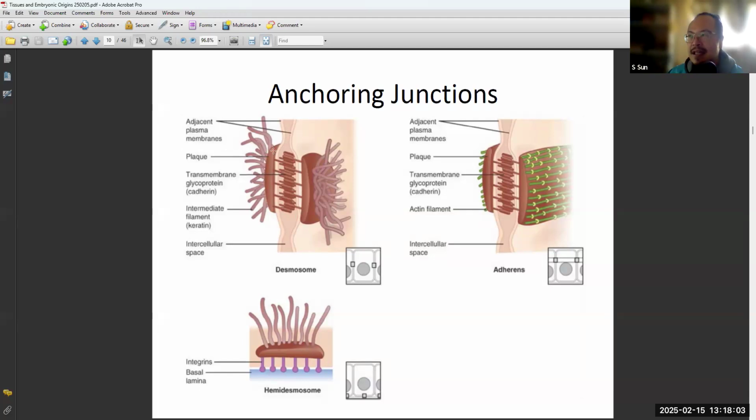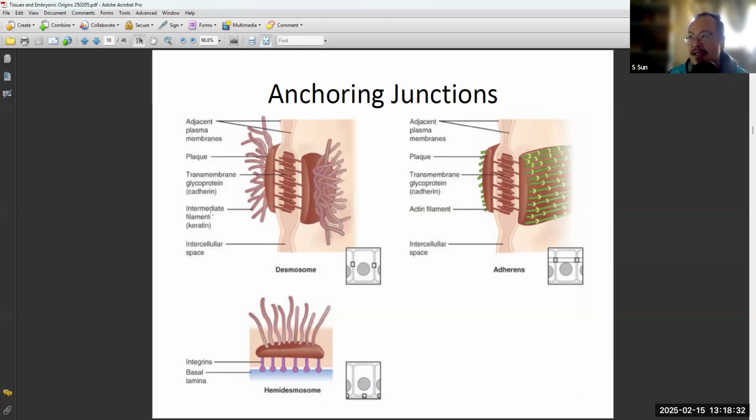This cytoskeleton can anchor on these membrane proteins. They cannot anchor on the lipid because lipid is just too slippery. So they need to anchor on something, and these anchoring junctions provide the lock between two cells. It also provides the anchoring of this cytoskeleton.